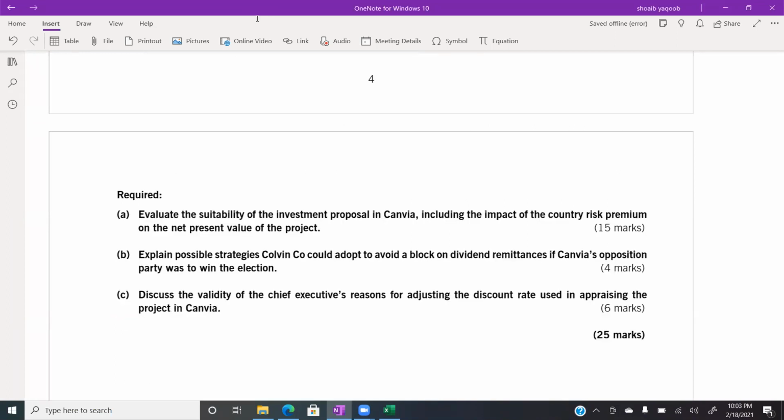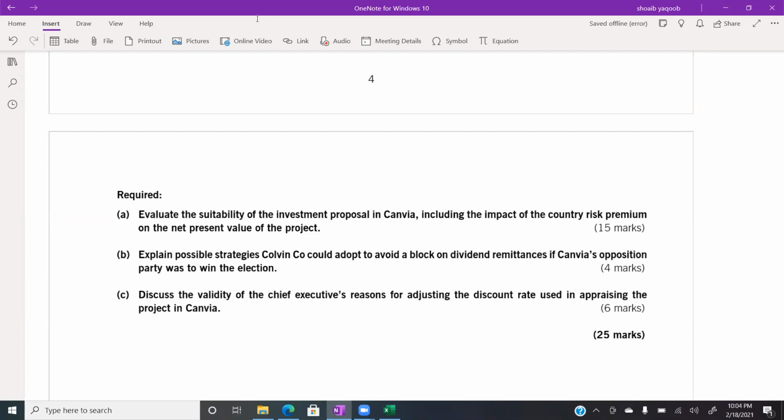Evaluate the suitability of the investment proposal in Canvia, including the impact of the country risk premium on the NPV of the project. So we have to evaluate the investment proposal in Canvia, and normally we evaluate investment appraisal projects using the APV or NPV methods.